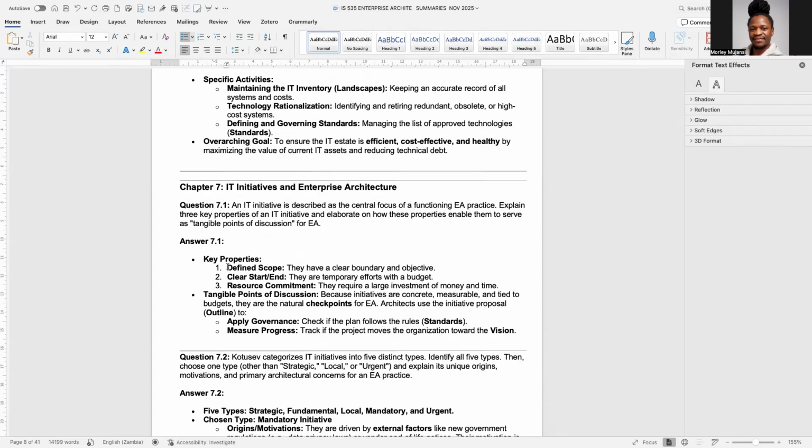One is the key properties: defined scope, clear start and end dates, resource commitment. They require large investments of money and time, like we've said. And then another tangible point of discussion is that because initiatives are concrete, measurable, and tied to a tight budget, they are natural checkpoints for EA architects to use the initiative proposal. Okay.